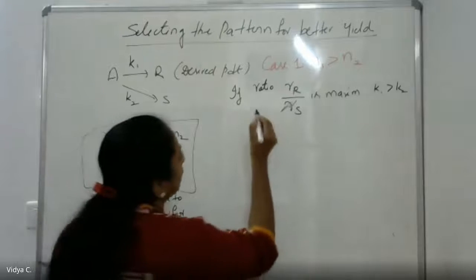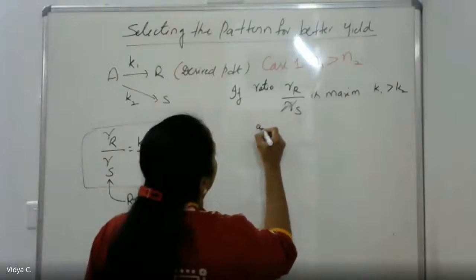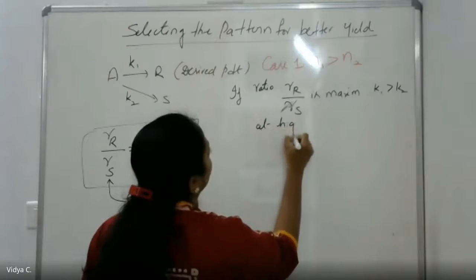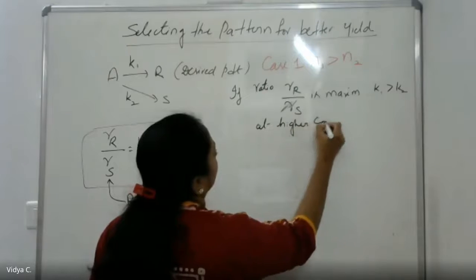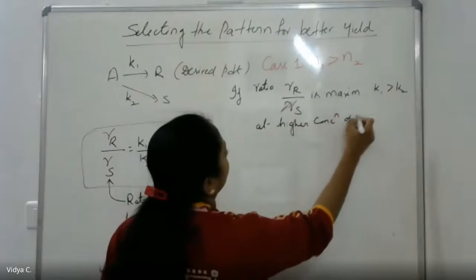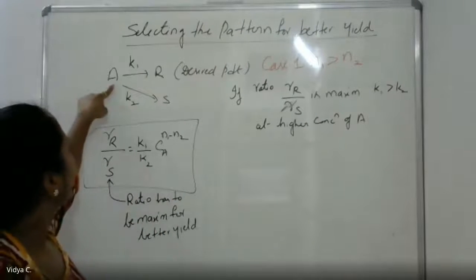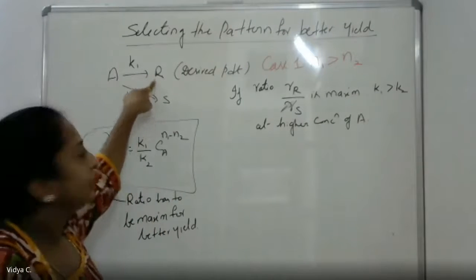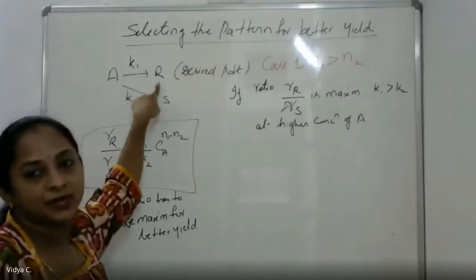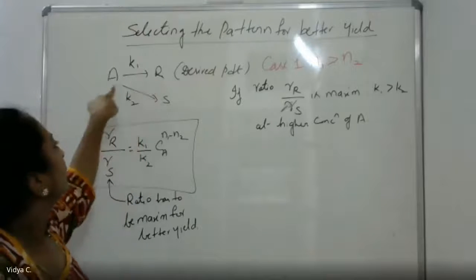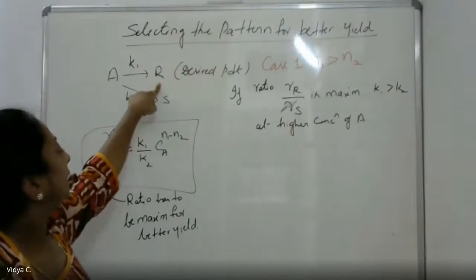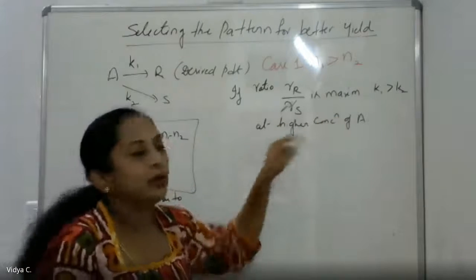So this will be maximum at what? At higher concentration of A. If I increase the concentration of A, this ratio also increases. That is the meaning. If I am increasing the concentration of A, this path is favored. So this will be achieved at high concentration of A.